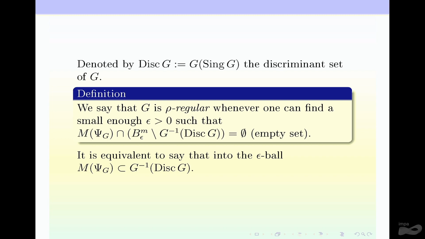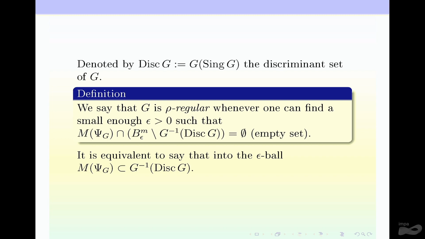So now you just consider the discriminant set of G as the image of the singular set Sing G. Just consider such a definition at the moment. Okay, so we say that G is regular whenever we can find a small enough positive epsilon such that the Milnor set intersected with such a set here is empty.